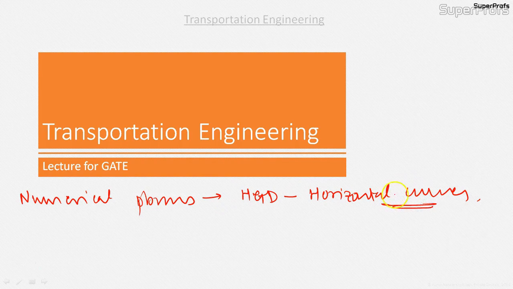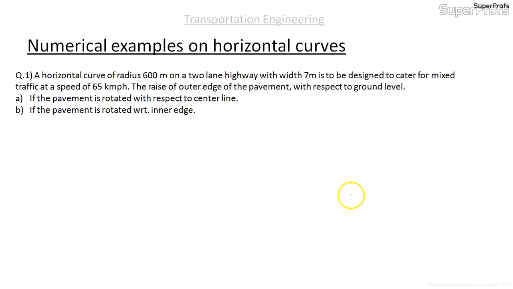Moving on to question number 1: a horizontal curve of radius 600 meters on a two-lane highway. Let us side by side write down the data also.